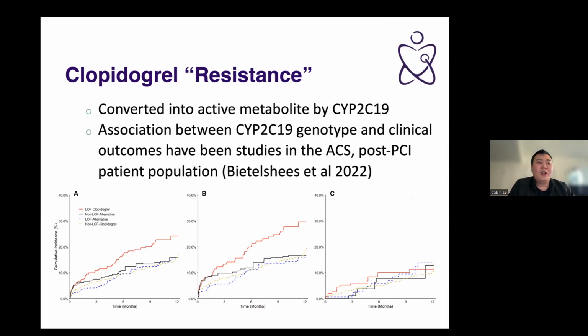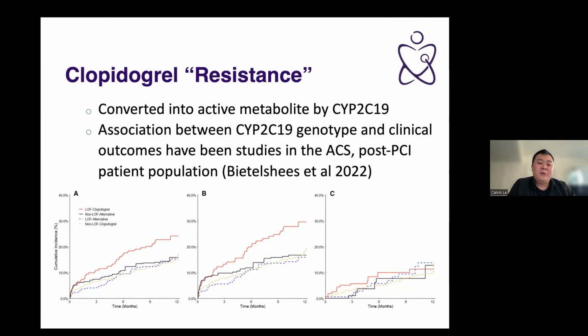This is some data from a large multi-center study. The patients here underwent PCI either for chronic angina or ACS. They were genotyped and then randomized to either clopidogrel or an alternative P2Y12 inhibitor like prasugrel or ticagrelor.